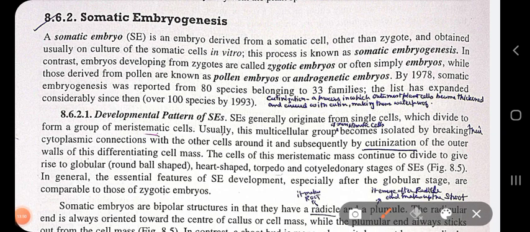And usually this multicellular group of meristematic cells become isolated by breaking their cytoplasmic connections with the other cells.